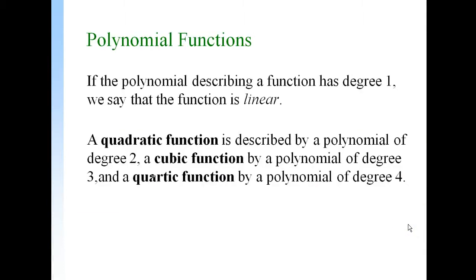Now, I think they're going to go over a lot of this too. So anytime the degree of a function is 1, we had this back in chapter 1 or 2, I forget, we say the function is linear. That is, it would be a straight line. In quadratic functions, where you have a degree of 2 somewhere in there, it's quadratic if there's a degree of 2.